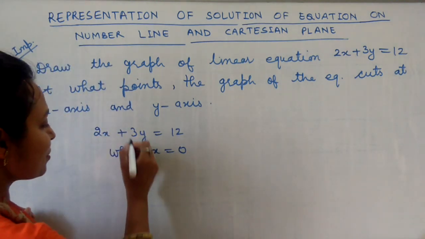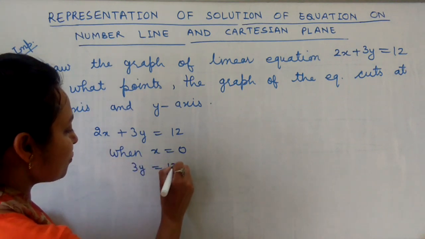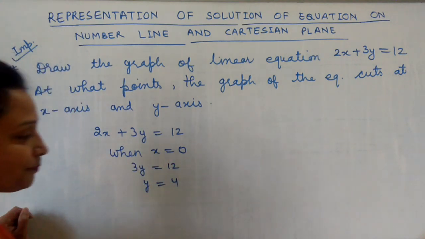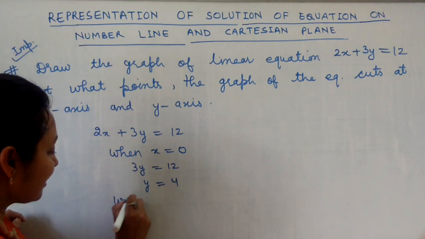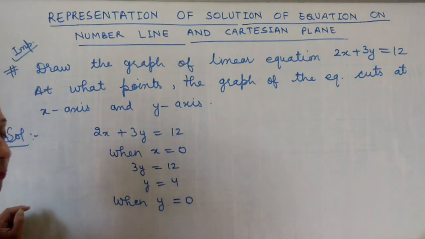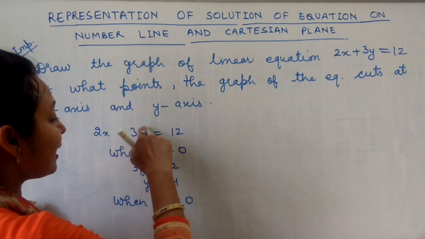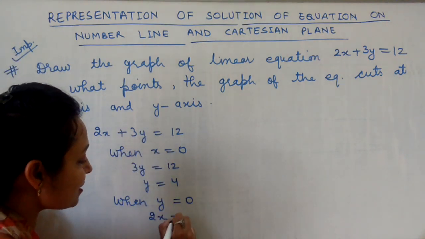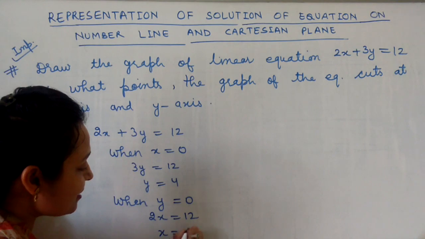When x is equal to 0, 3y is equal to 12 and y is equal to 4. Now the second time I take y is equal to 0. When y is equal to 0, 2x is equal to 12 and x is equal to 6.